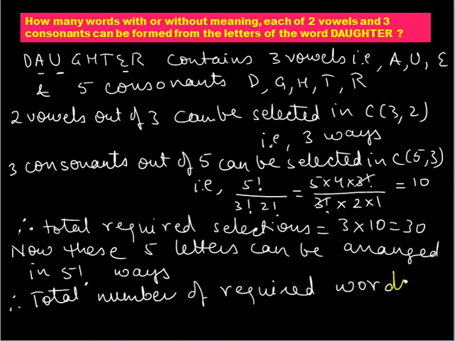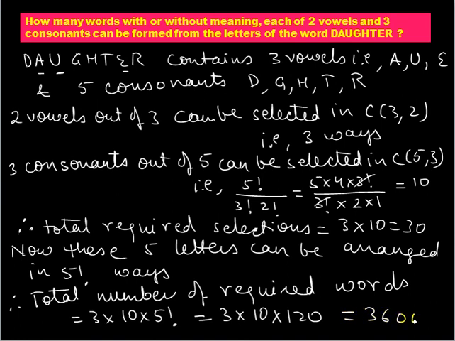First, the required letters are getting selected and then the required letters are getting arranged. Now 5 factorial we have seen is equal to 120. So the total comes out to be 3600. So 3600 possible words can be made using the letters of this word, which contain exactly 2 vowels and 3 consonants.